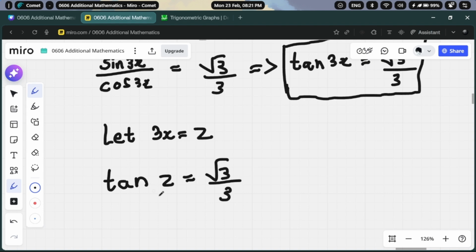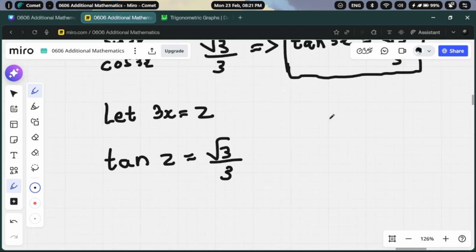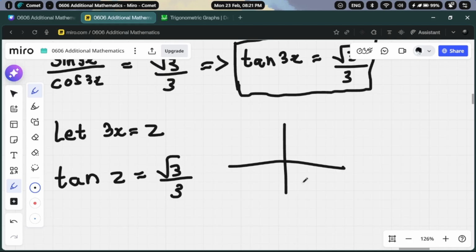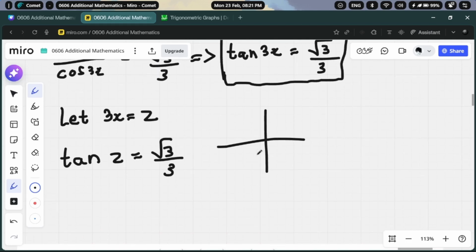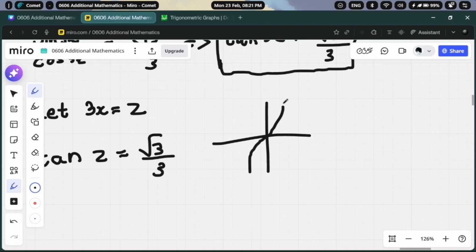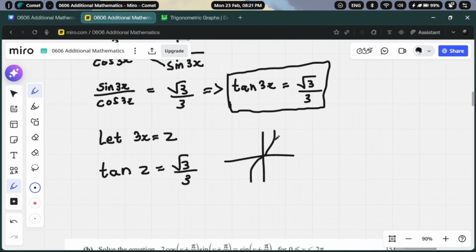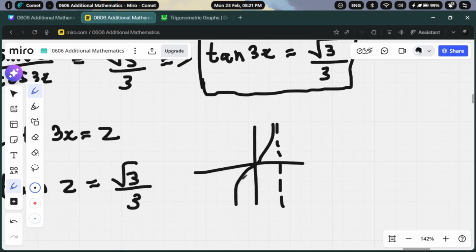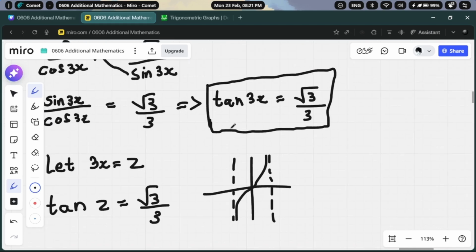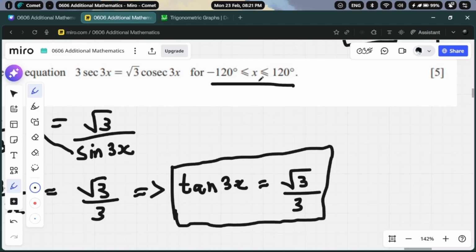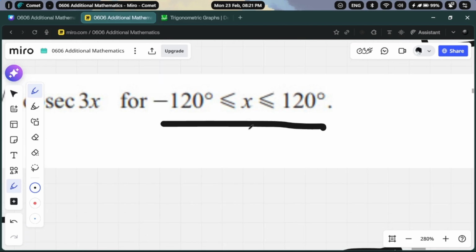Now this z variable, which is encoded, is actually going to have the normal tan x graph. So it will be, for example, like this, and then you have your asymptote at 90 and minus 90, right? But another thing is, you need to look at the domain. Now this domain is for x, but we're dealing with z, which is 3x.